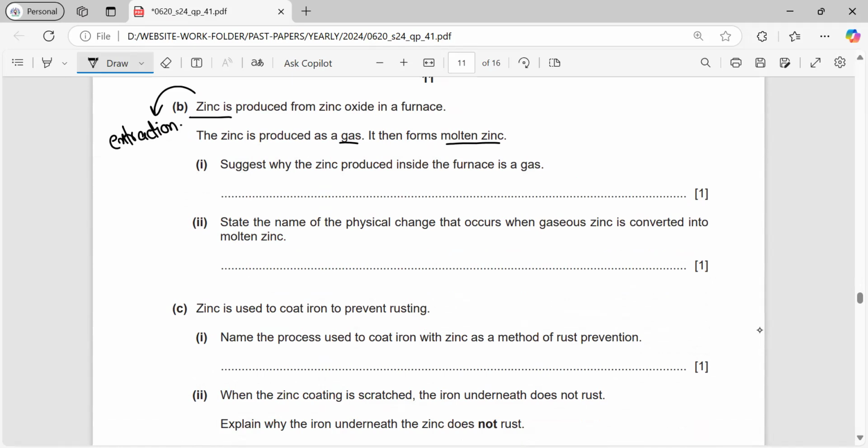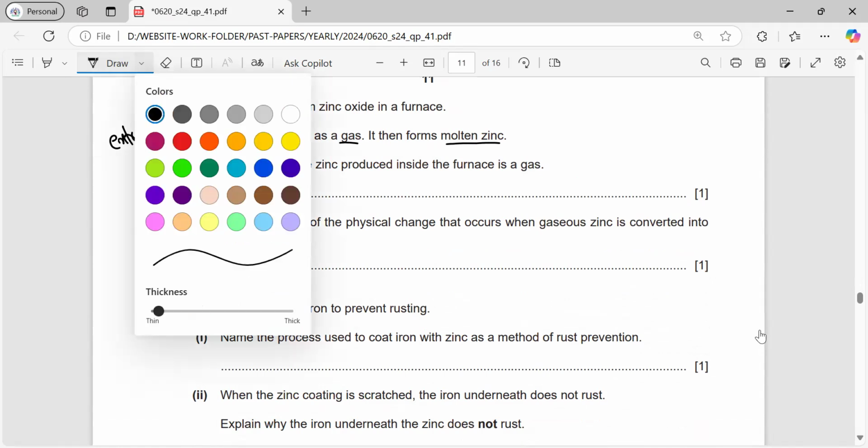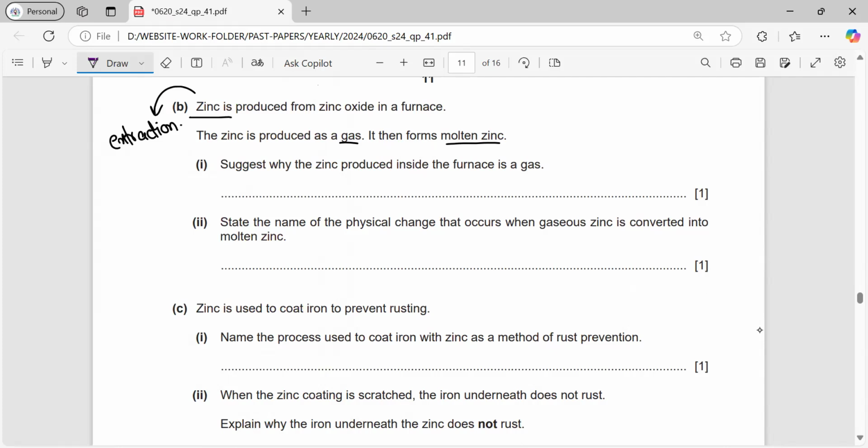Suggest why the zinc produced inside the furnace is a gas. Anything is a gas because of the temperature. We'll write the temperature of the furnace. The temperature of the furnace is more than the boiling point of zinc.